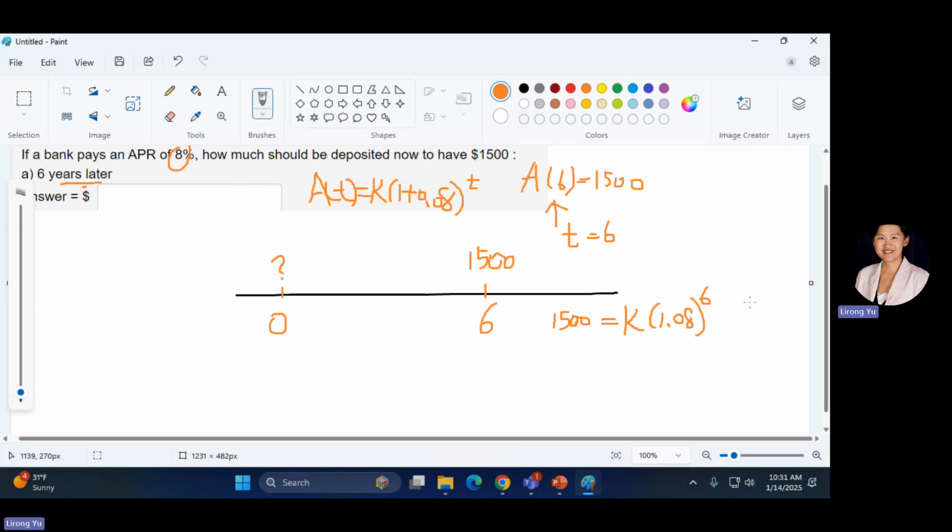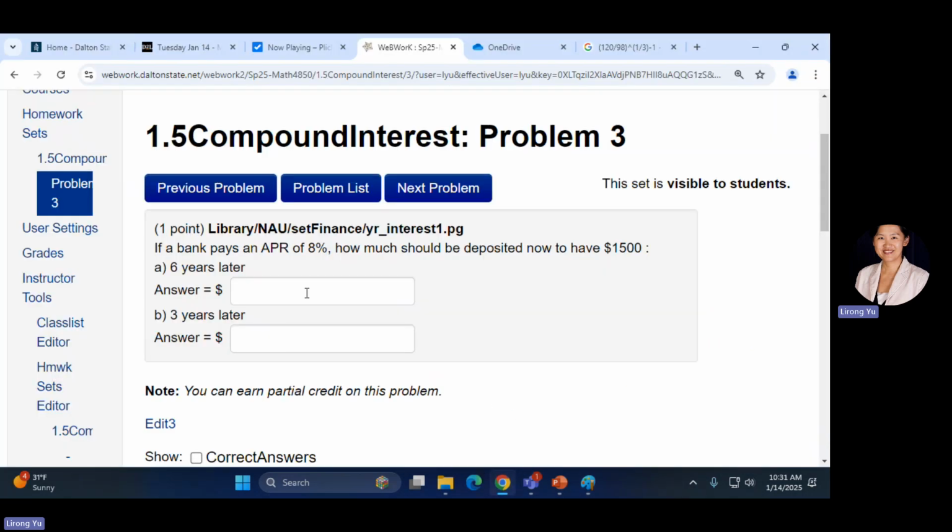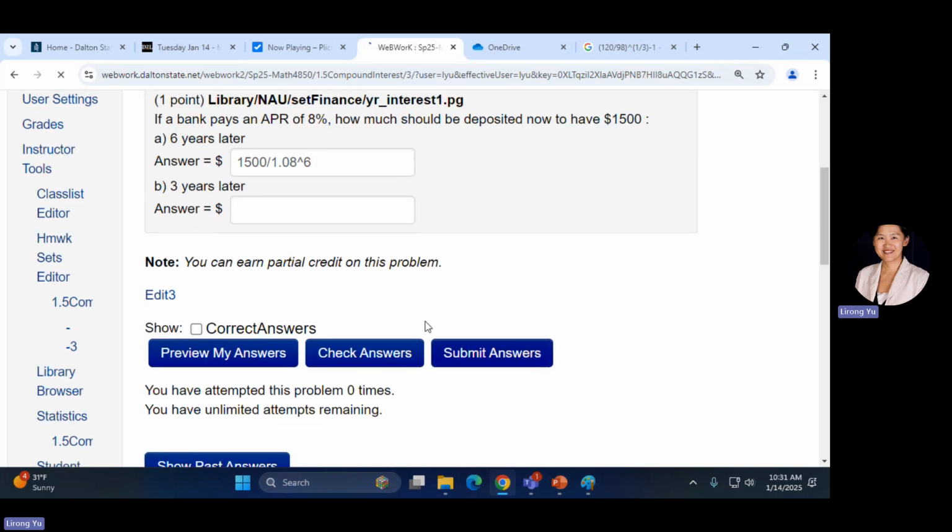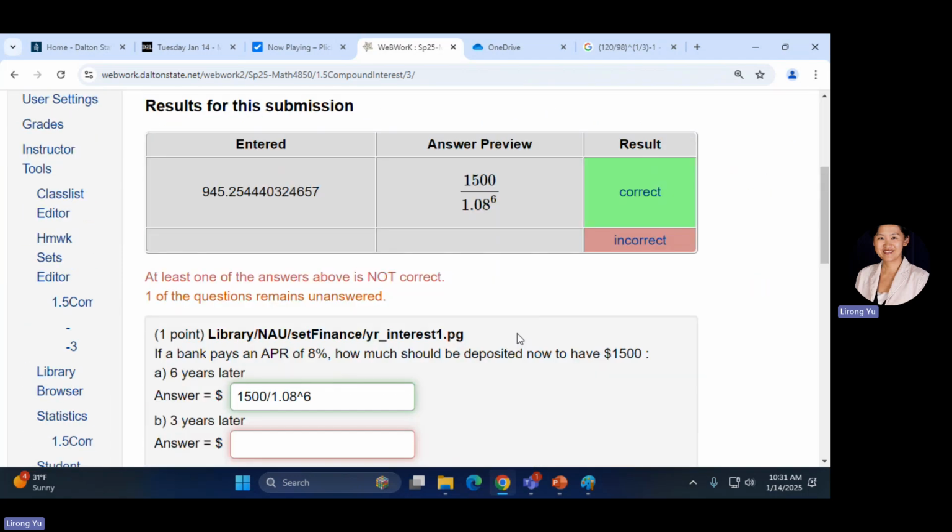Any question? Okay, so the solution, you can see that K can be solved by a division. So K here is 1,500 divided by 1.08 to the power 6. You are supposed to use a calculator to find it out, but I have it here.